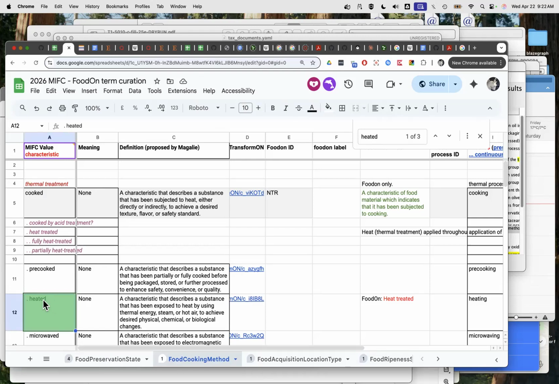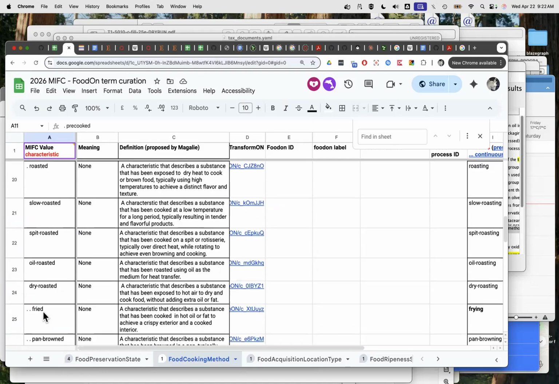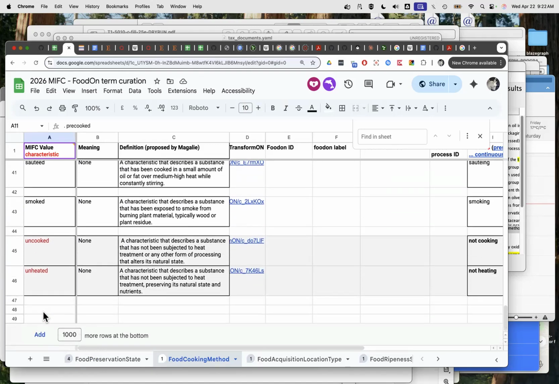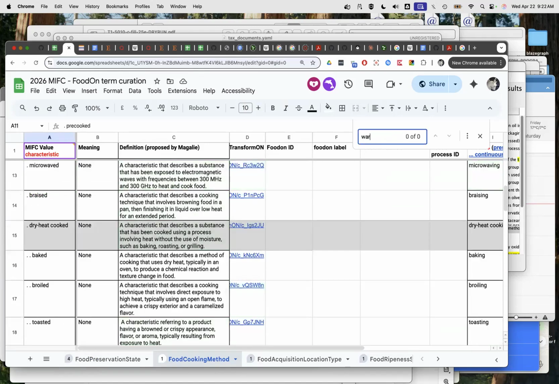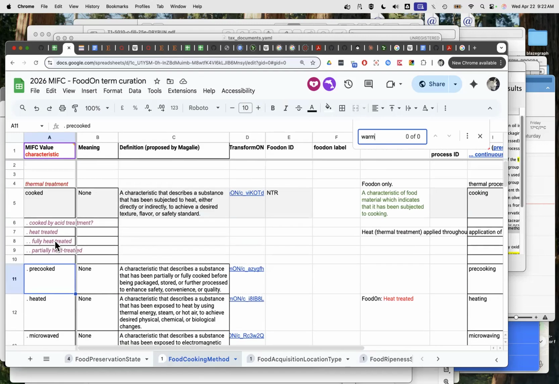Yes, you also have reheated somewhere. The term reheated also exists. There's pre-cooked and then there's maybe warmed. I think reheated and warmed are almost synonyms, but not always.